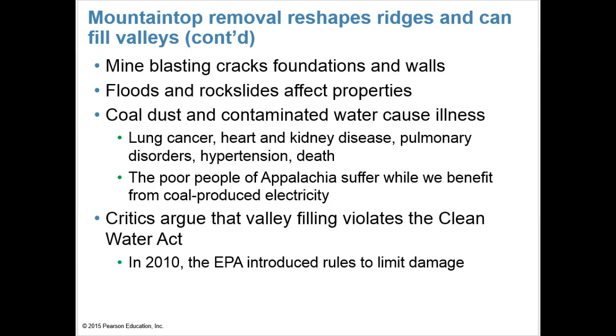Mine blasting cracks the foundations and walls and causes floods and rock slides that can affect our properties. Coal dust and contaminated water can cause illness in humans, which can also lead to other types of diseases like lung cancer and heart and kidney disease, pulmonary disorders, hypertension, that's high blood pressure, and death.